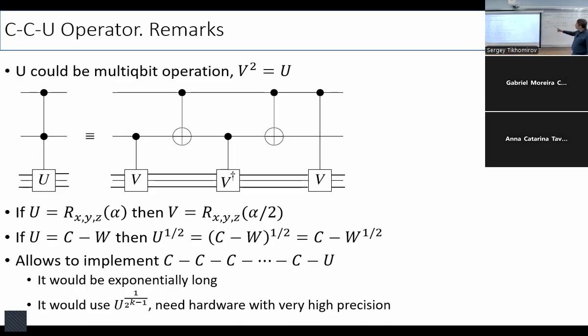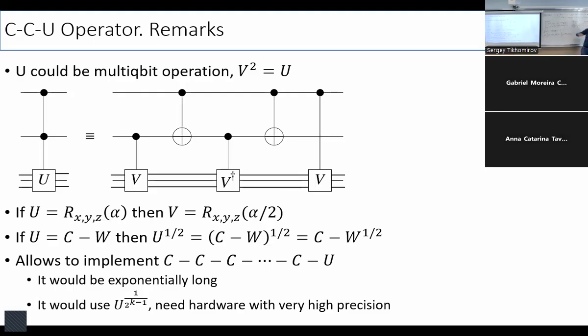If I already know that this is happening, then I already know what would happen for such a state, because the first qubit never changes, but it will go to 1 over square root of 2, 0, U0 phi, plus 1 over square root of 2, 1, U1 phi.